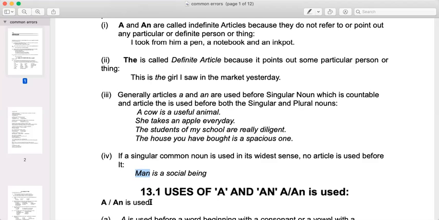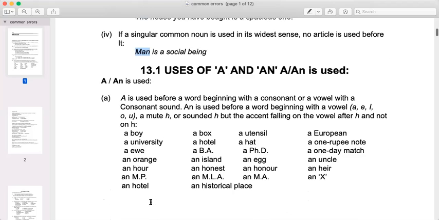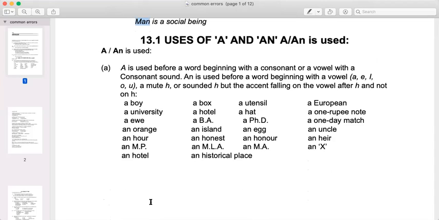Now let us understand the uses of a and an. First and foremost use, which we have been learning since our childhood: a is used before consonant sounds and an before vowel sounds.